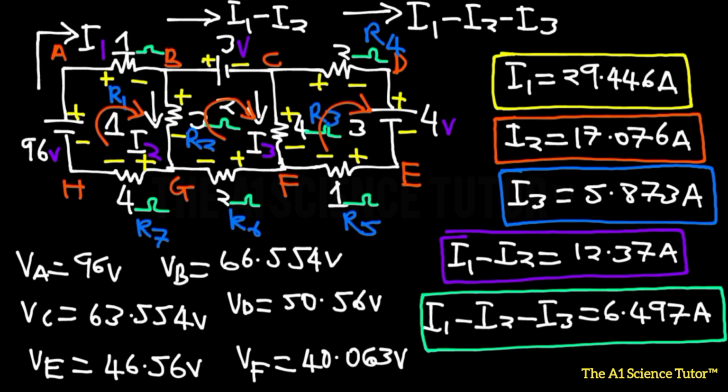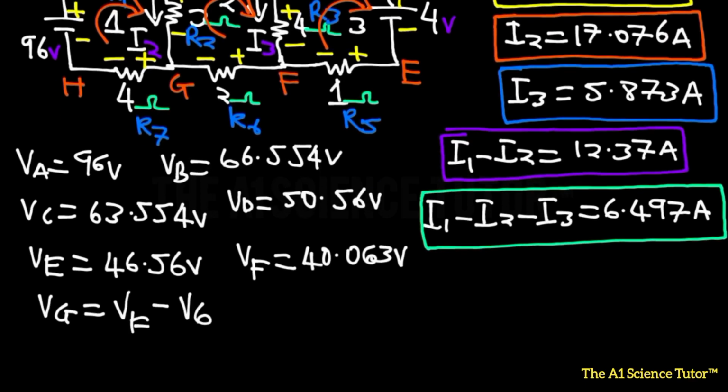So we're going to take that and multiply it with the 6th resistor. That will be 12.37 multiplied by 2, which gives you 24.74. So that is going to be the voltage wasted over the 6th resistor.